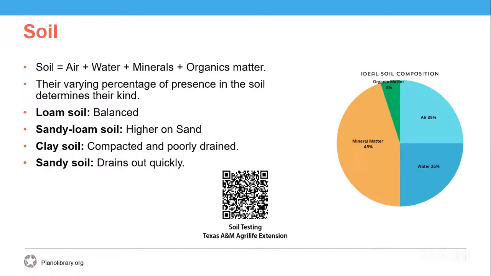So, what do you do? If you have a bigger area to address the soil problem, then you can go for professional soil testing. There's a QR code on the slide. Texas A&M AgriLife Extension offers it.